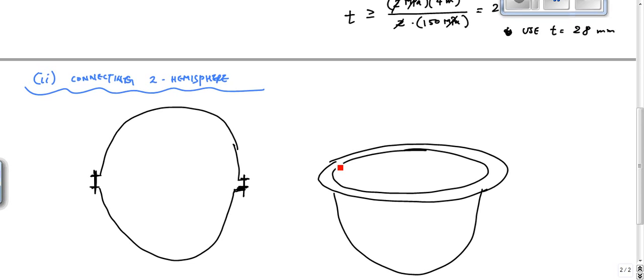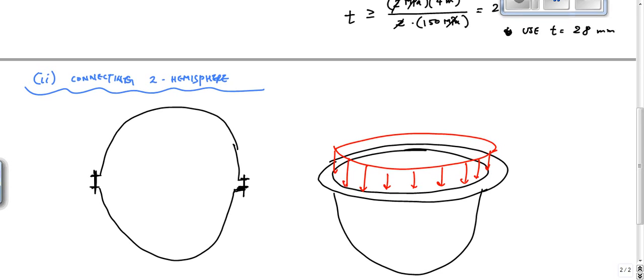Then I have an internal pressure P acting on that surface of the cut, all the way around.